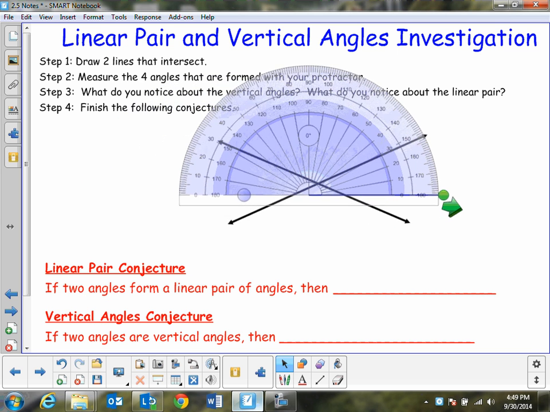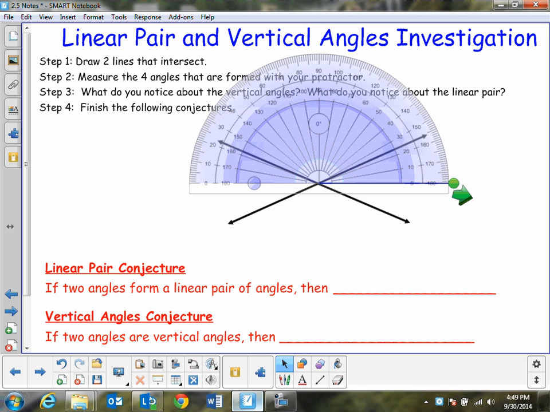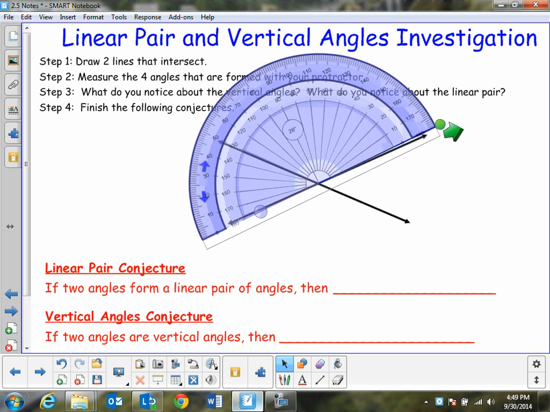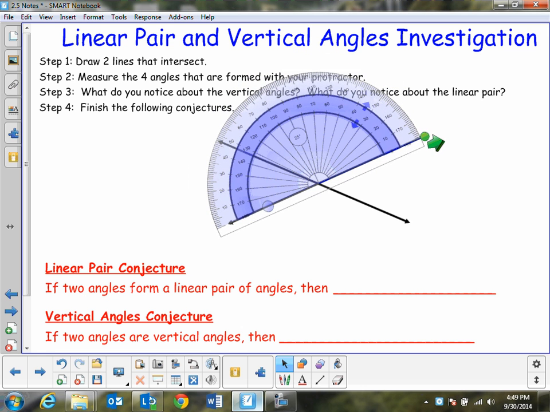So if you put your protractor the way we learned how to use the protractor, your angles will come out a little bit different than mine because you should have drawn your own intersecting lines, but it could possibly come out close to it.